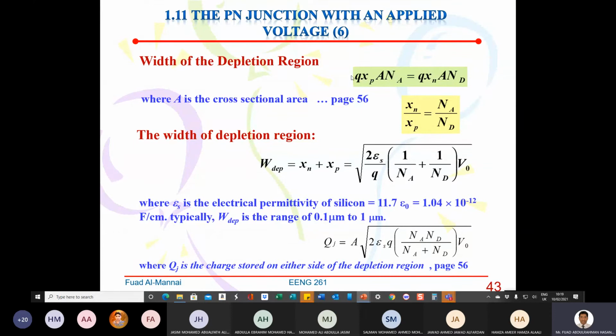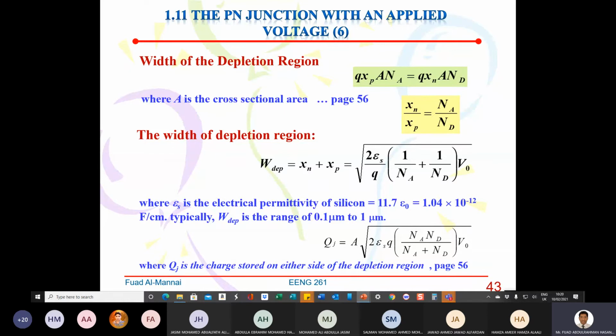So the q cancels with the q, and the area is the same, and what is left is Xn over Xp equal to Na over Nd. That's mentioned on page number 56 in your book.